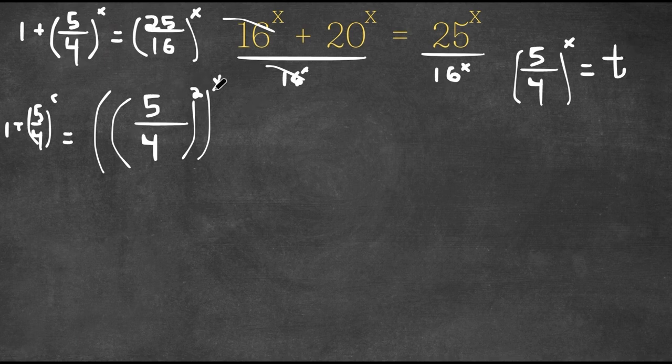And instead of 2 to the power of x, I can also write this as x to the power of 2, so I can flip these positions. So now if I replace 5 over 4 to the power of x with t, I get 1 plus t is equal to t squared.